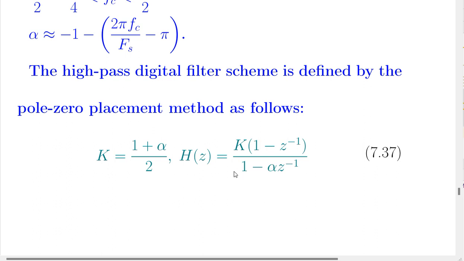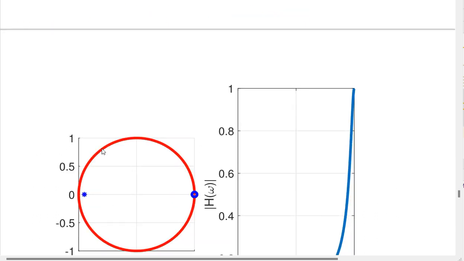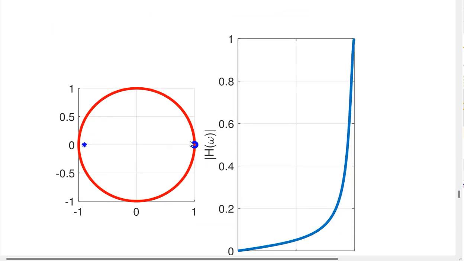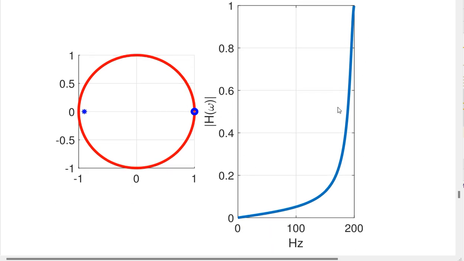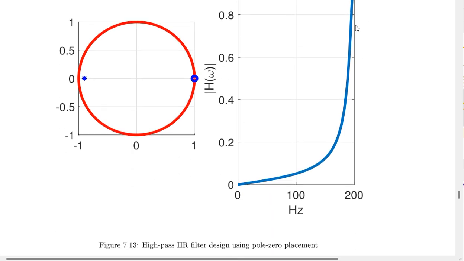It should appear near 180 degree. Alpha, okay? Here you see the idea. Having this time zero right hand side of unit circle, but pole left hand side. Okay? And here you see the frequency response. High pass filter.